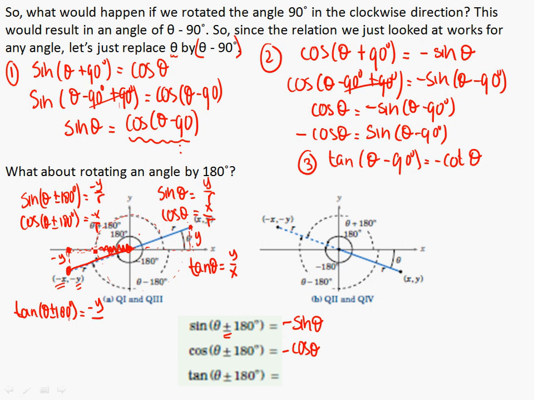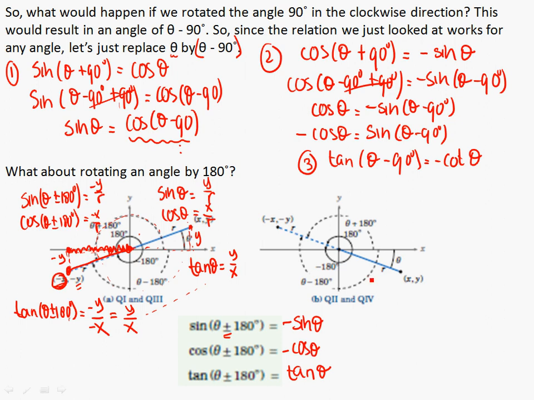What is this distance from here to here? It's a negative x. Okay, it's right here. And a negative y divided by negative x is the same as, so the tangent of theta is exactly the same as the tangent of theta plus or minus 180. Okay, so then you end up with those three rules.